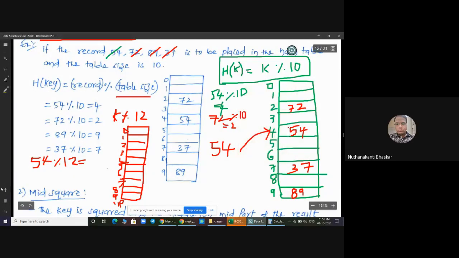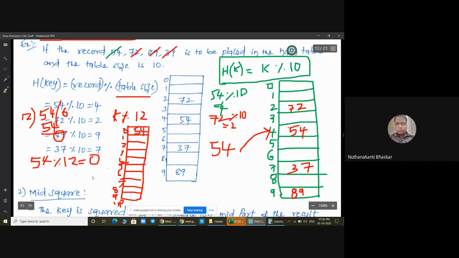How to calculate the remainder? 12 times 4 is 48... 12 times 4 is 48, and the remainder is 6. So the hash value is 6. Now where do we have to insert this 54? At index 6.